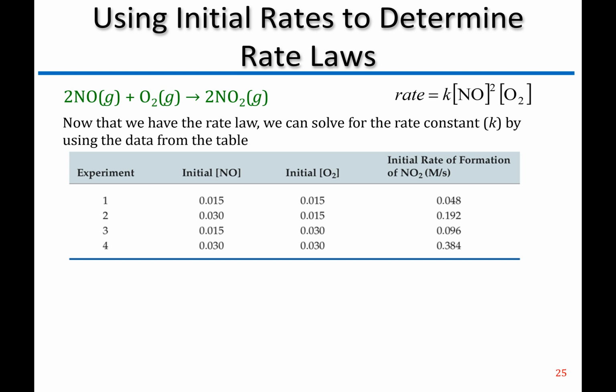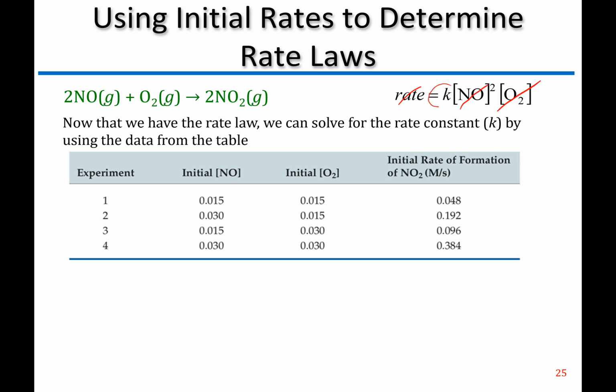But what if I want to solve for the value of K, my constant? So now I know my rate law. So I know rate is equal to a constant times concentration of NO squared times the concentration of oxygen. So based on the same data set, I can solve for K. Because if I look at my data, let's just take experiment 1. I know rate, I know the concentration of NO, and I know the concentration of O2.